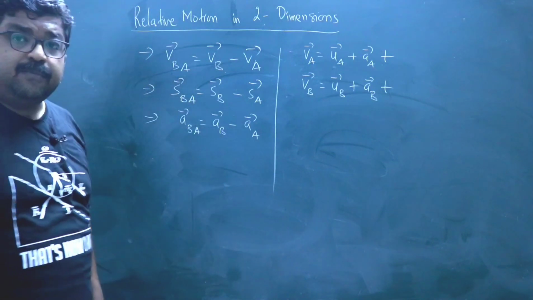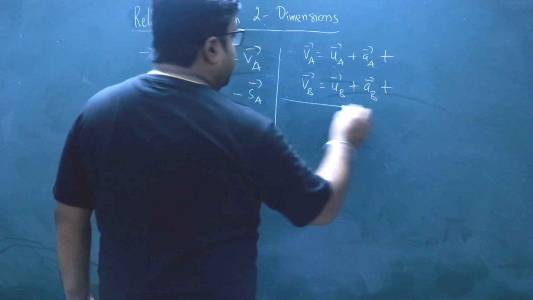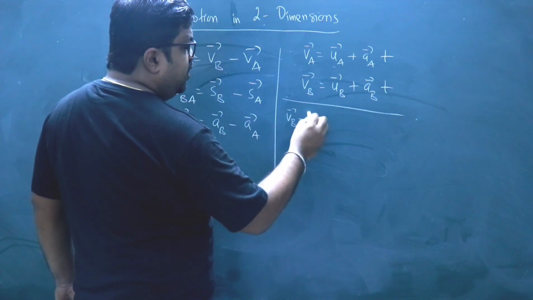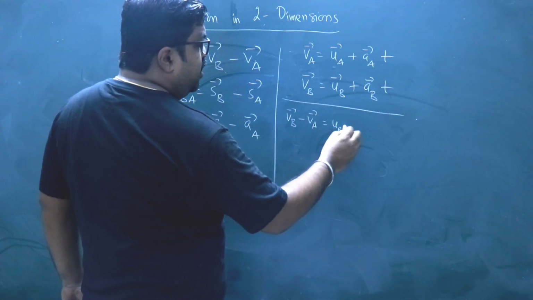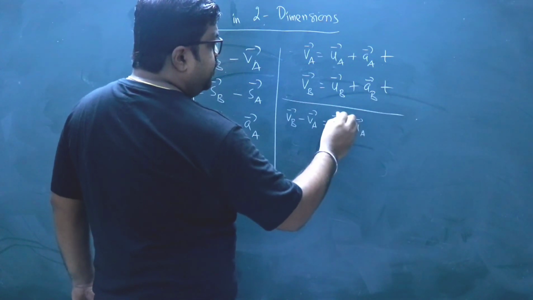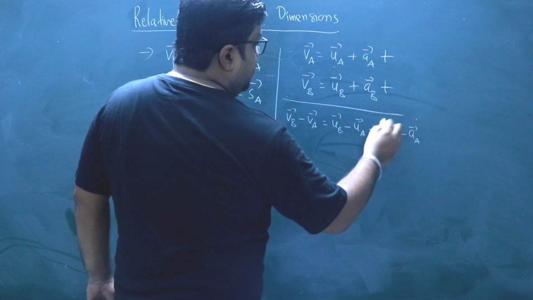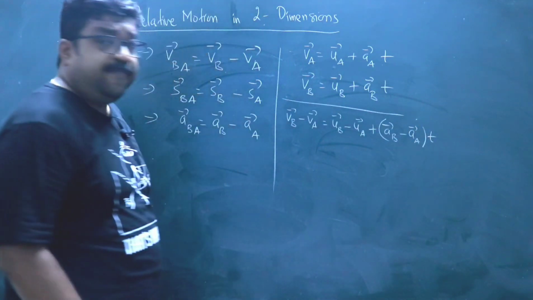Now if we subtract these two equations, what do we get? VB minus VA is equal to UB minus UA plus AB minus AA into t.